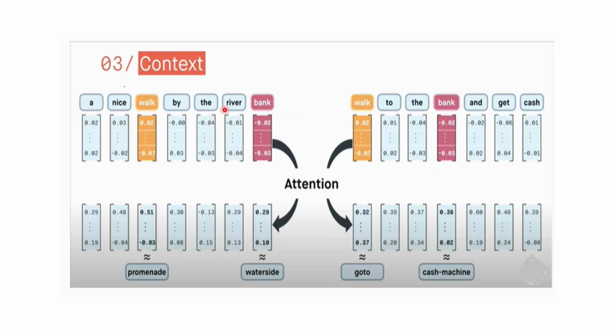This is the sentence given: a nice walk by the river bank. These are the non-contextual embeddings that we created in step 2. In the attention mechanism, we take this word as the query word, and the rest of them are key words. We take this embedding vector and build a dot product with nice, with walk, with by, and the rest of them.